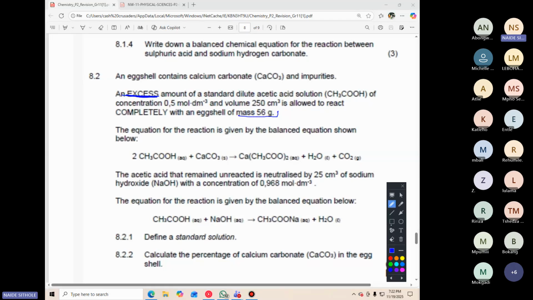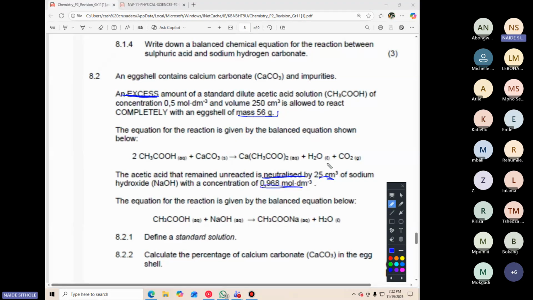Then the acetic acid that remained unreacted is neutralized by 25. When they talk about neutralized, we know that we can use it here. So this is neutralized by 25 centimeter cube of sodium hydroxide with a concentration of this.